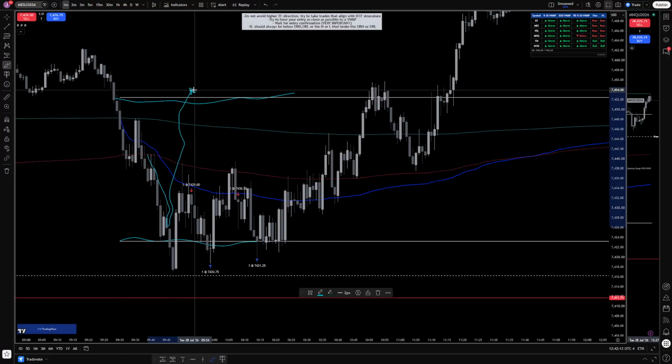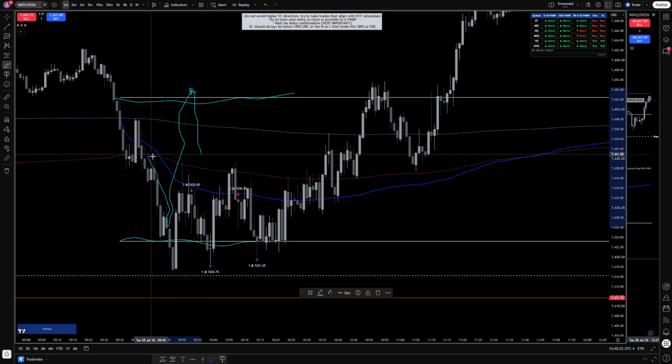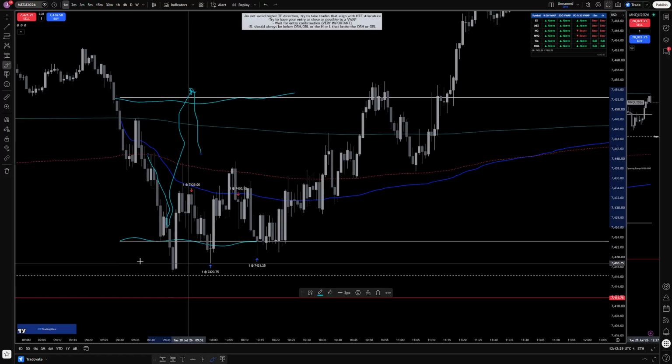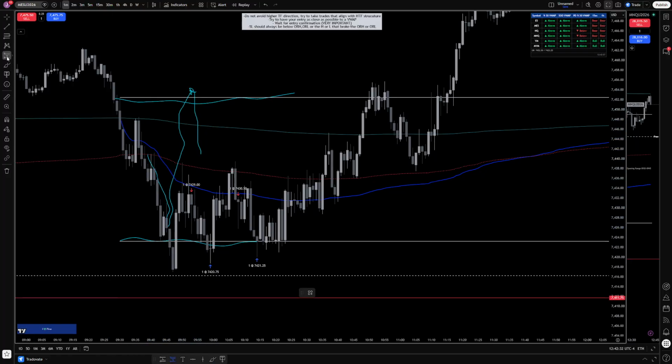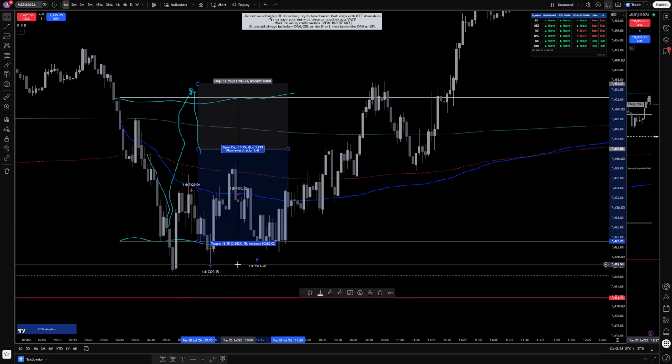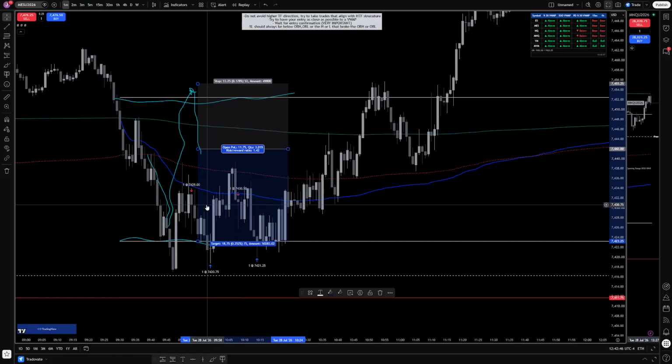Then sellers take control and price trades below the New York VWAP, which would be somewhere around here. When any 1 minute candle closes below VWAP, I take my short position, with a stop loss at the high that took the opening range high, targeting the opening range low. That is the double break short, which aligns with the overall structure. We didn't get that.